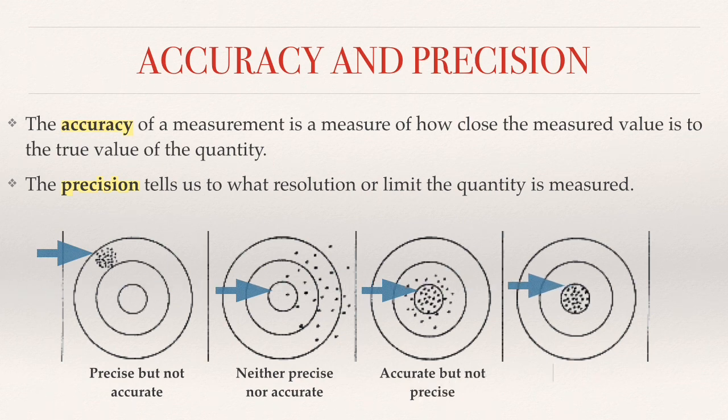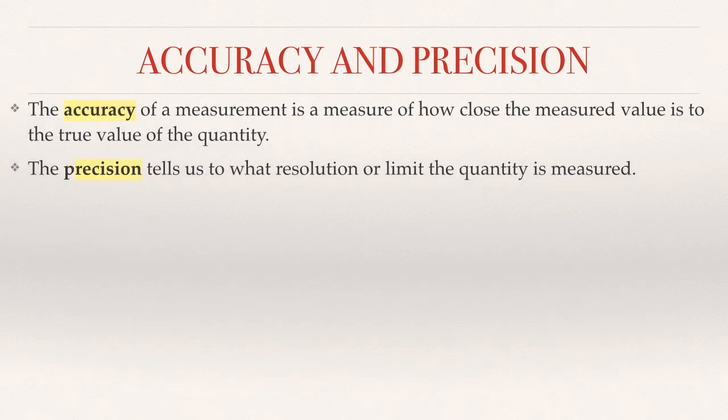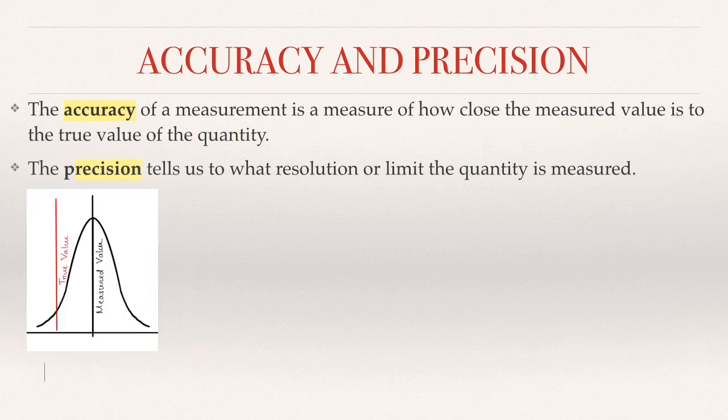And if we want to have both accurate and precise, then we have to get all the hits in the inner circle itself. So in this picture we can see all the readings are in the inner circle, which is accurate and precise.